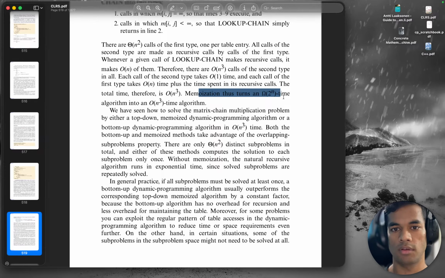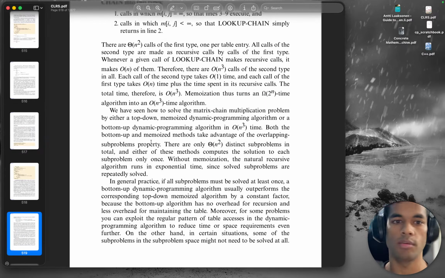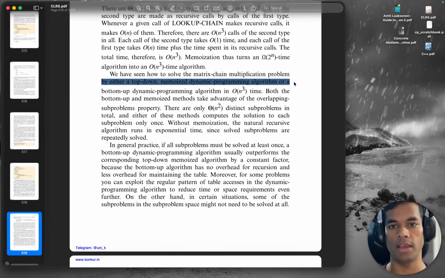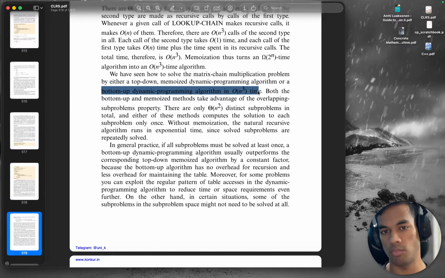Memoization thus turns an exponential time algorithm into a polynomial time algorithm. Even though this is not very optimal, it is much better than 2 power n. We have seen how to solve the matrix chain multiplication problem by either a top-down memoized dynamic programming algorithm or a bottom-up dynamic programming algorithm in n cube time.